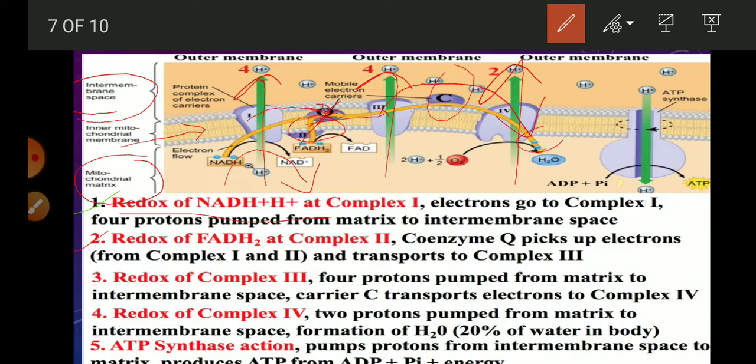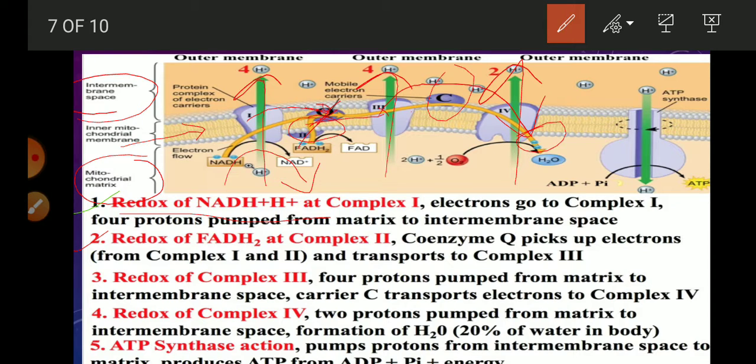So look, a pair of electrons are coming down. These electrons have to be accepted by some other compound or molecule to produce more energy and to reduce the wastage of energy.